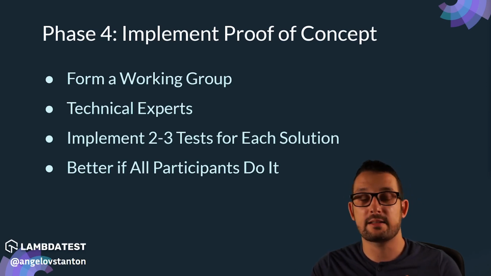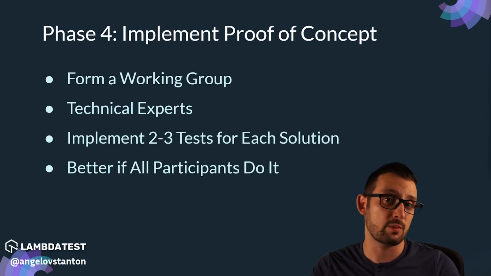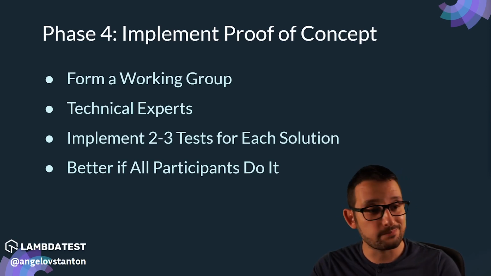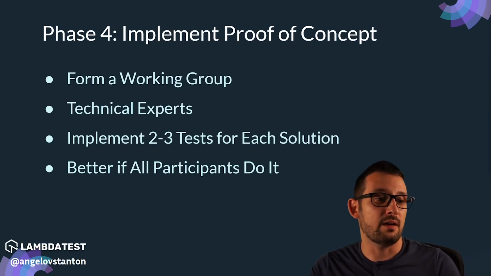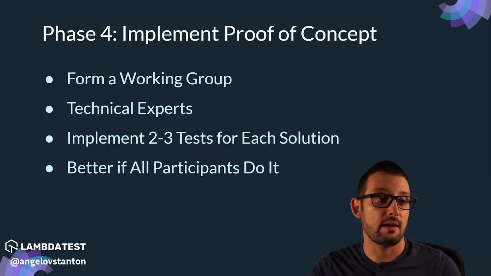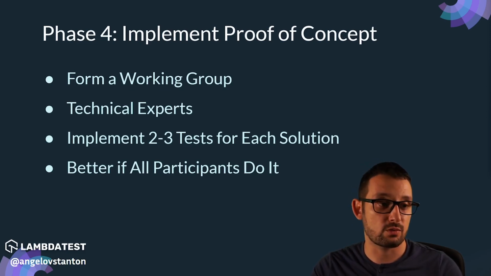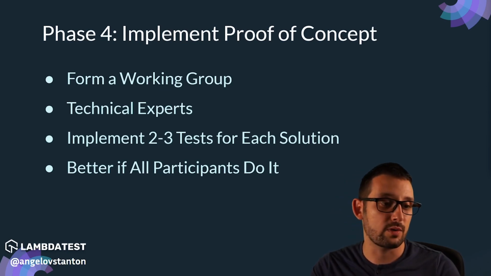It will be best if it's built from technical experts like test automation engineers, maybe seniors, but not only, because juniors will need to write tests as well. You need to implement 2-3 tests for each solution. Maybe everyone from this group by themselves needs to write these 2-3 tests to feel how to work with the framework.